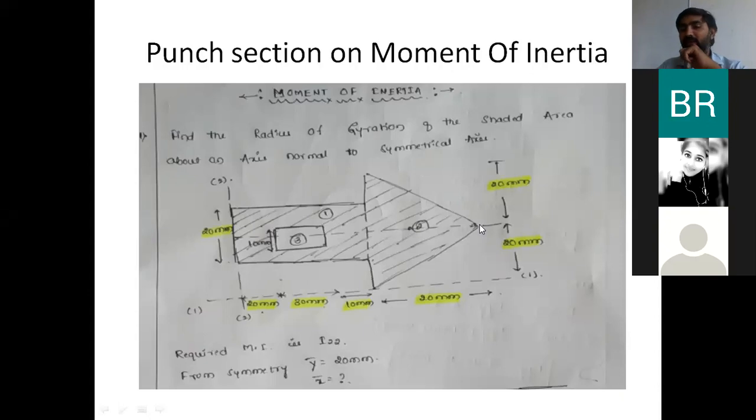What exactly do we mean by the symmetrical axis? The symmetrical axis is an axis that cuts the entire body into two equal components. I mean the areas that you get will be in two equal parts. With reference to this axis, you can cut this entire figure into two equal parts.